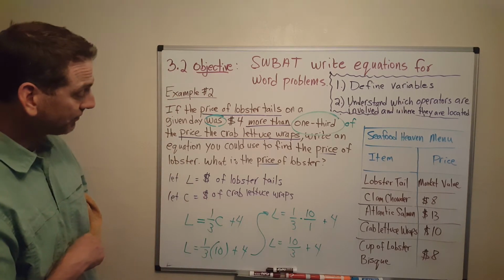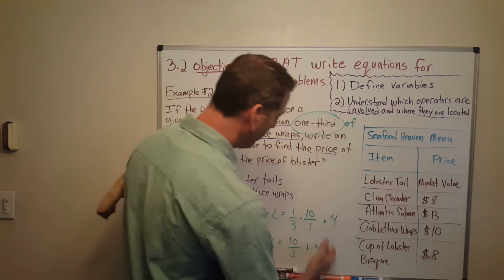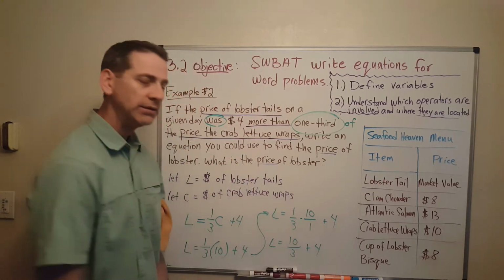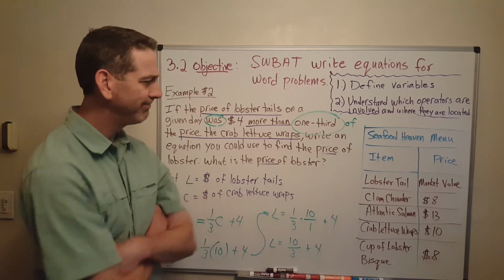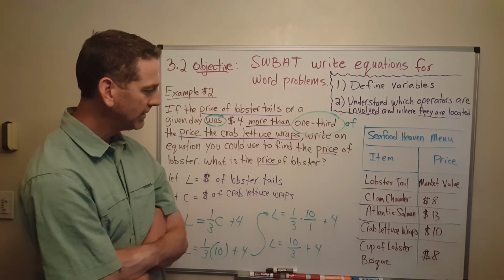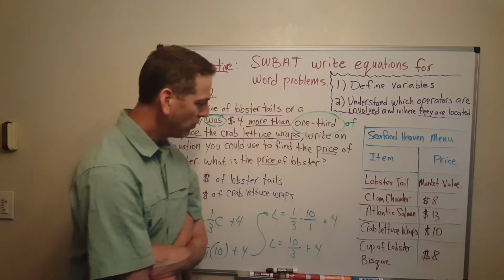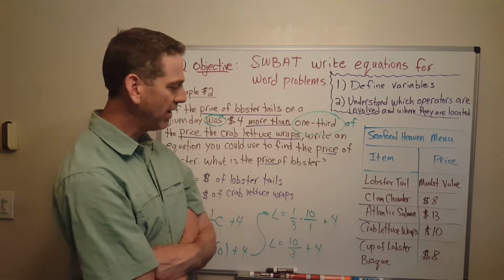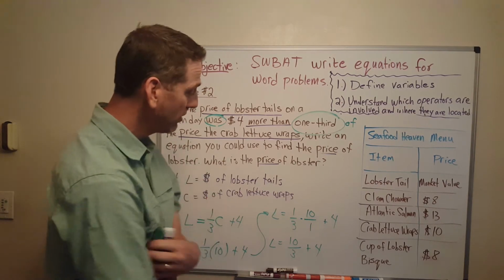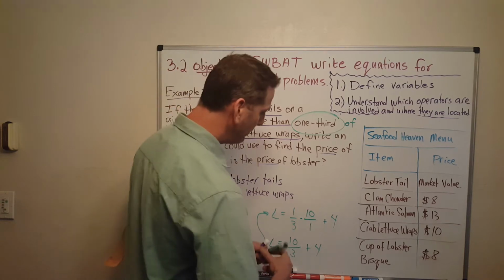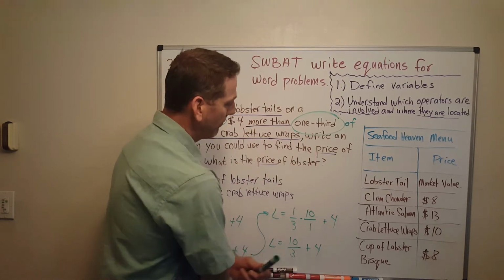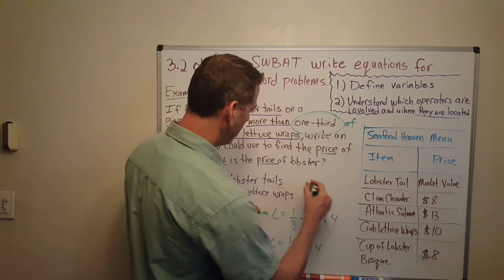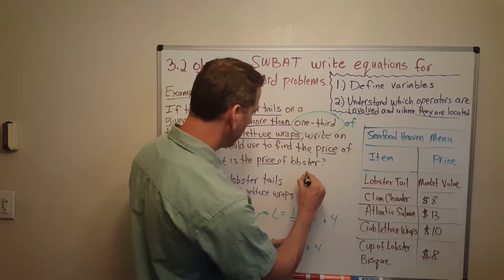All right. So let's go ahead and solve this. How do I add those two up? Well, we're going to need to find the least common denominator, aren't we? So the way I like to do these is I like to set them up vertically. So I got 10 over 3.